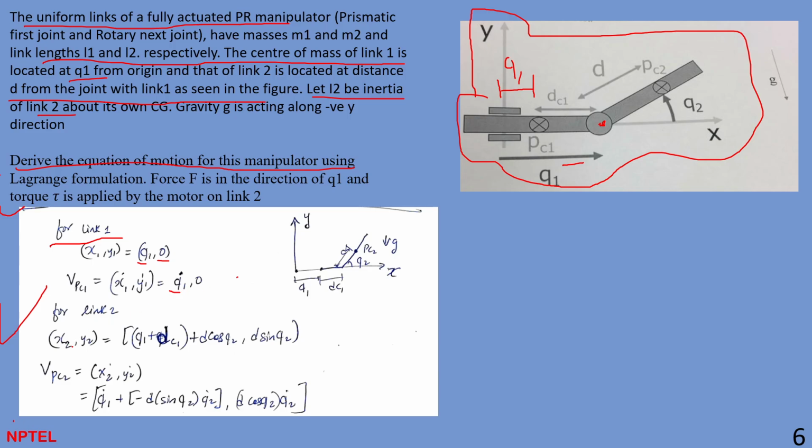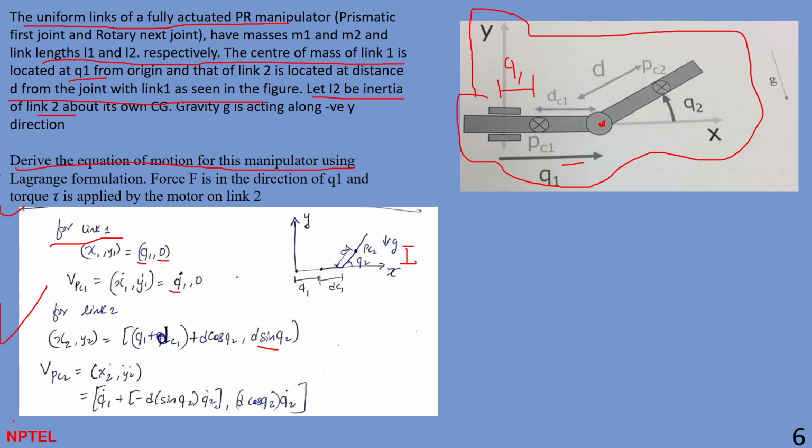For link 2, it will be x2, y2. The x coordinate is Q1 plus DC1 plus D cos Q2, and the y coordinate is D sin Q2. Again, you differentiate this to get the velocity components of x and y.